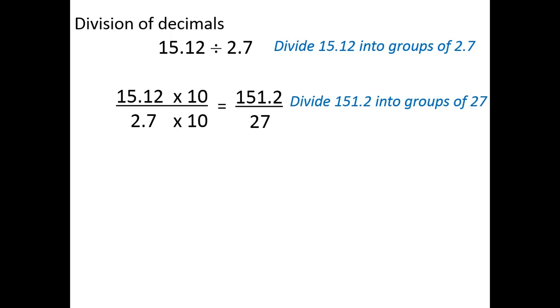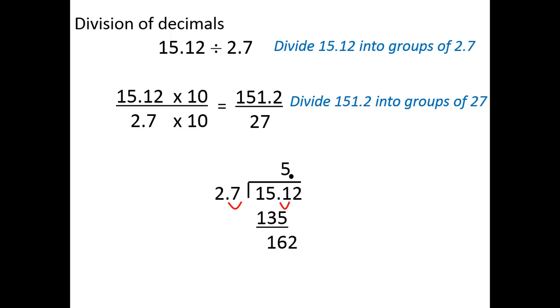That's why when we do a division with decimals, we always take that decimal point that we see in the divisor and we move it all the way over to the right. That means we're multiplying that divisor by 10. But if we're going to multiply the divisor by 10, we have to also multiply the dividend by 10, which is why we're actually moving those decimal points over the same number of places on both of these numbers. So now we're trying to decide how many times 27 goes into 151.2.